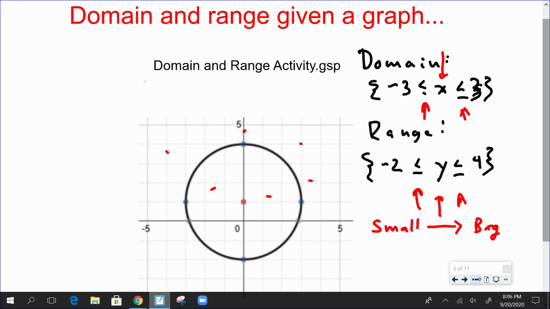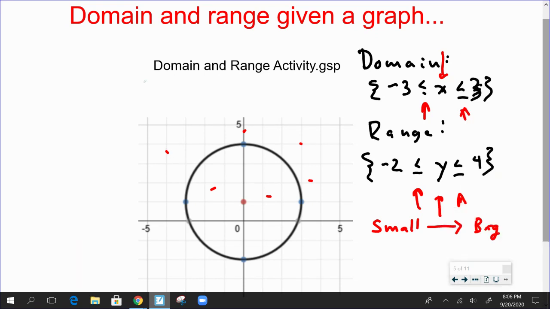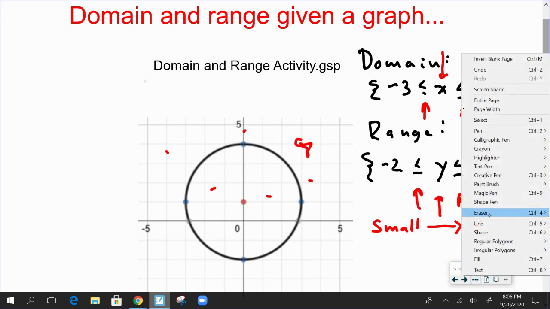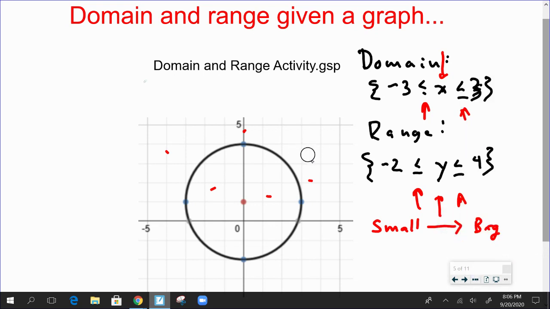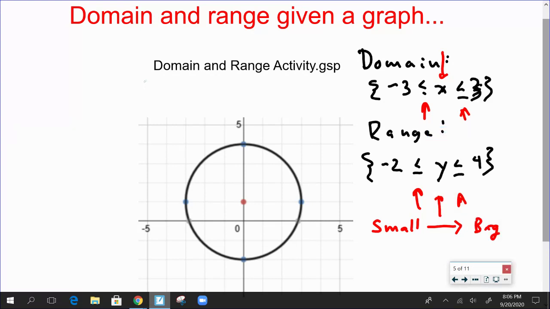Now, the question that I also like to ask about this one is, is this particular relation a function? Okay, so now if you think about this one, every x value, so if I pick an x value right here at 0, does it have just one y value?